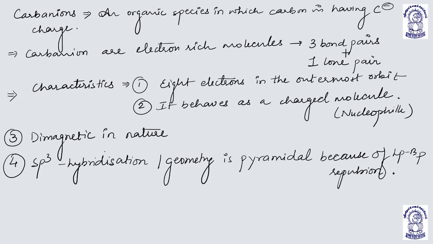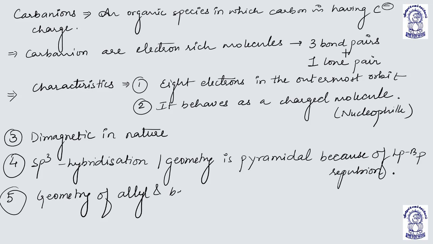Okay, next, geometry of allyl and benzyl carbanion is almost planar with sp2 hybridization.